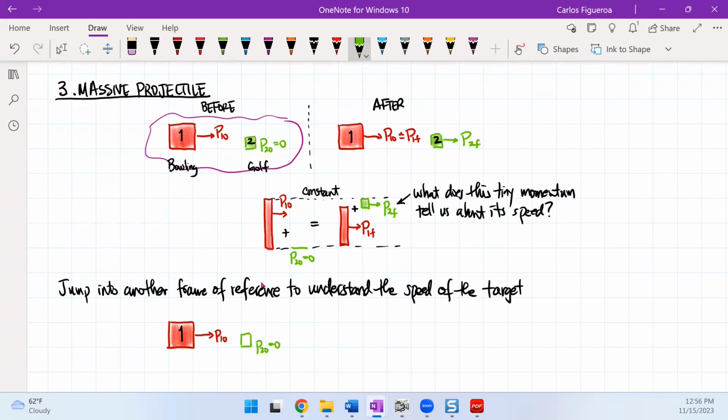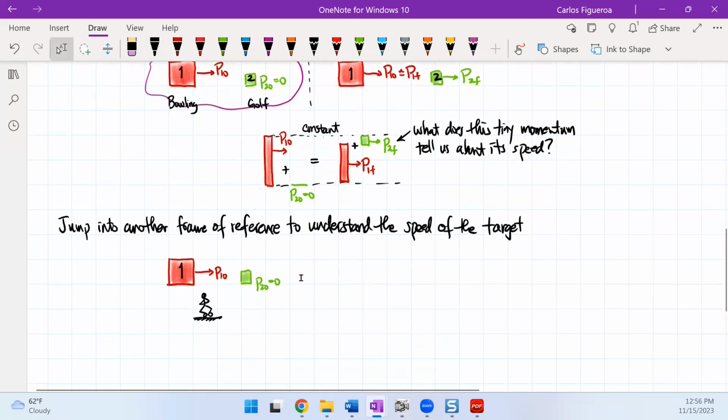So when we're looking at this frame, what this is telling me is that I want an observer right here on the ground. So here's my observer.